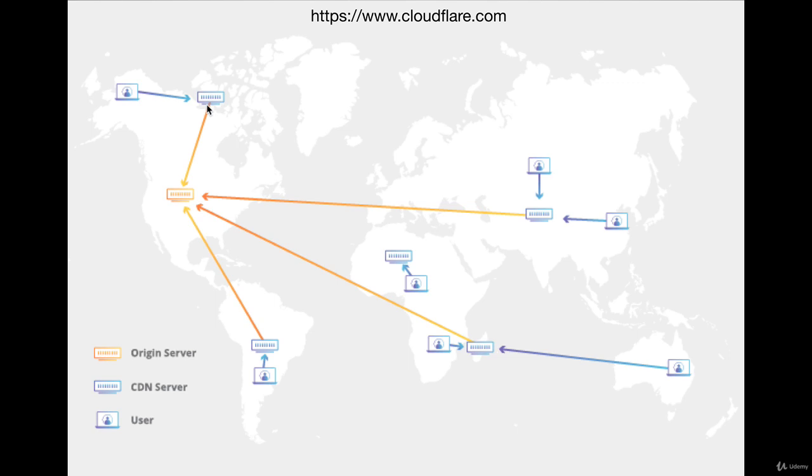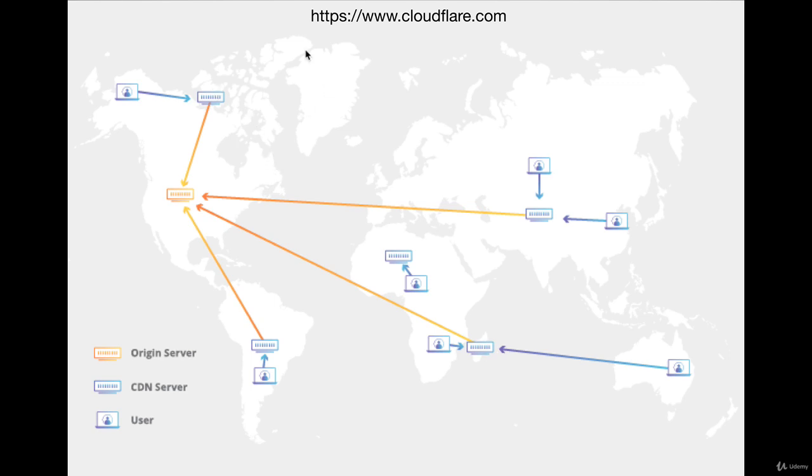Again, load balancing is something that we'll cover in this section. Finally, it is also very secure. Usually they allow you to send static files over HTTPS and also protect websites from things like DDoS attacks, or distributed denial of service attacks. So there's a lot of benefits to it.